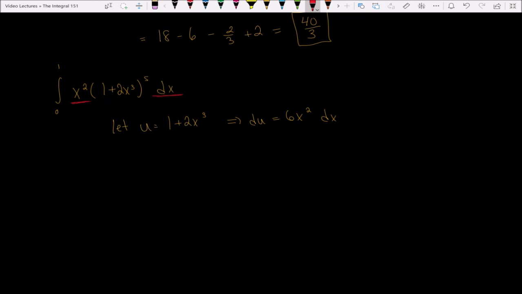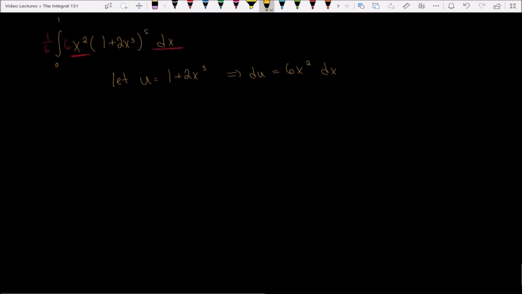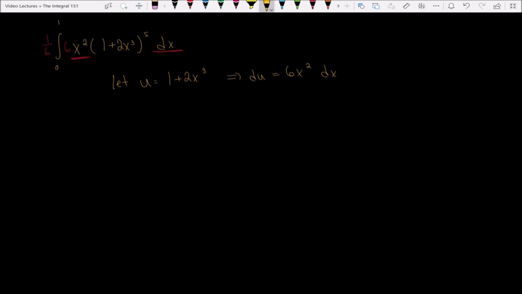All we're missing is the 6. So if we multiply by 6 and then divide by 6, we'll be fine. We'll have now our du. So what this becomes is 1/6 the integral, and I'll worry about bounds later, of u to the 5th du.